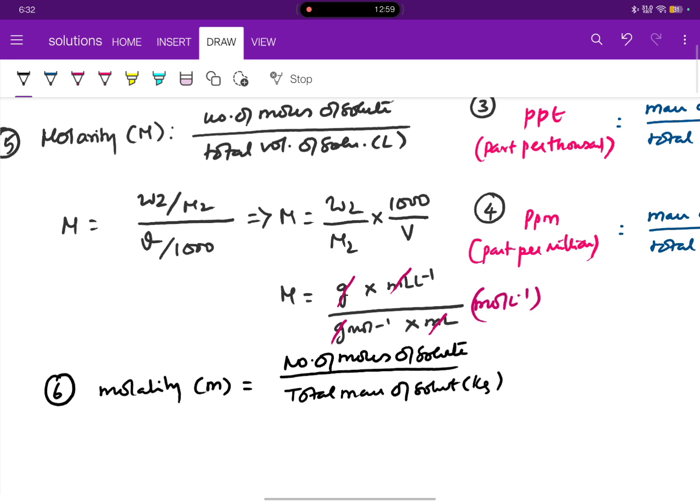But in molality it is very specific that you have to mention the total mass of solvent. தப்பி தவறி கூட total mass of solution சொல்லக்கூடாது. சொல்லிட்டீங்கன்னா you are also including the mass of liquid solute. சல்யூட்டோட மாஸே நீ சேர்த்துக்கிற அப்படின்னு அர்த்தம்.